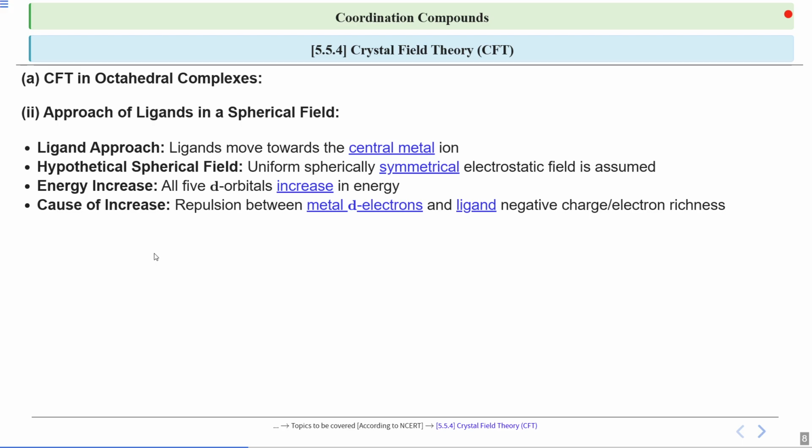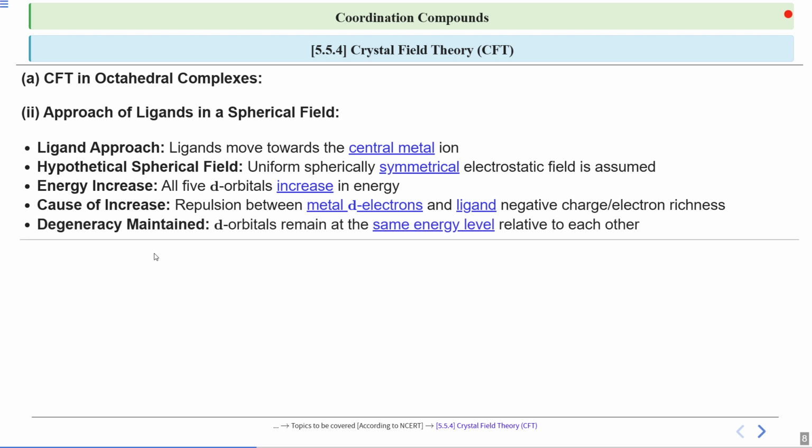Basically, the difference in this electron repulsion is what causes the splitting of the d orbitals. Degeneracy is maintained, so the d orbitals remain at the same energy level relative to each other. The energy increased due to the ligand approach, because of the repulsion between the metal d electrons and the ligand electrons or negative charge.